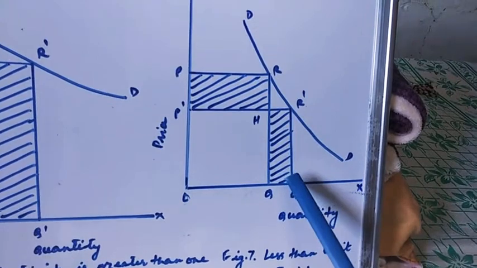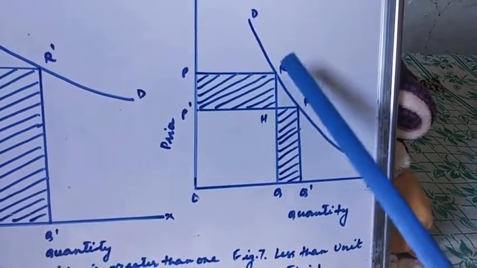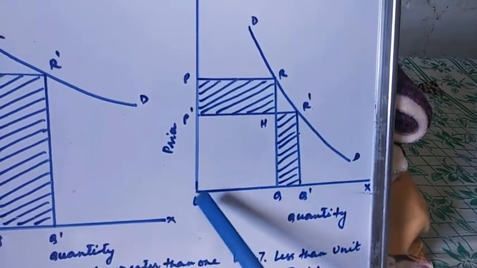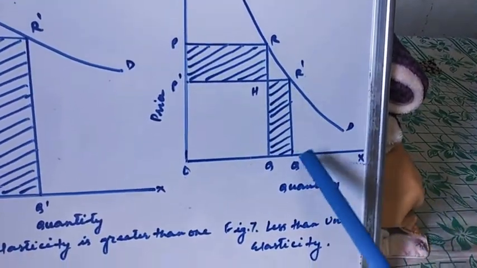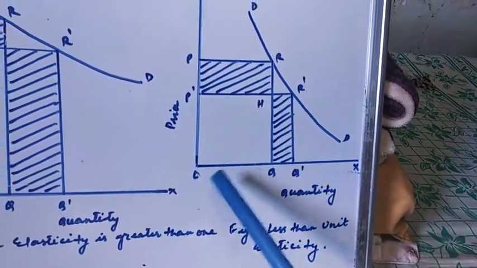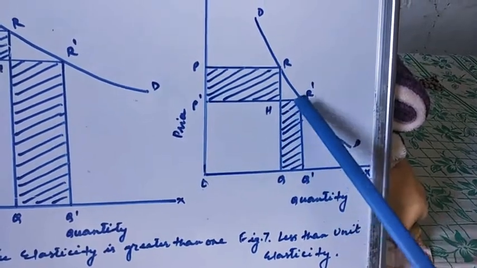So in other words, total expenditure of OPRQ, this box, is greater than OP dash R dash Q dash. Because of the fall in prices, quantity demanded has reduced.